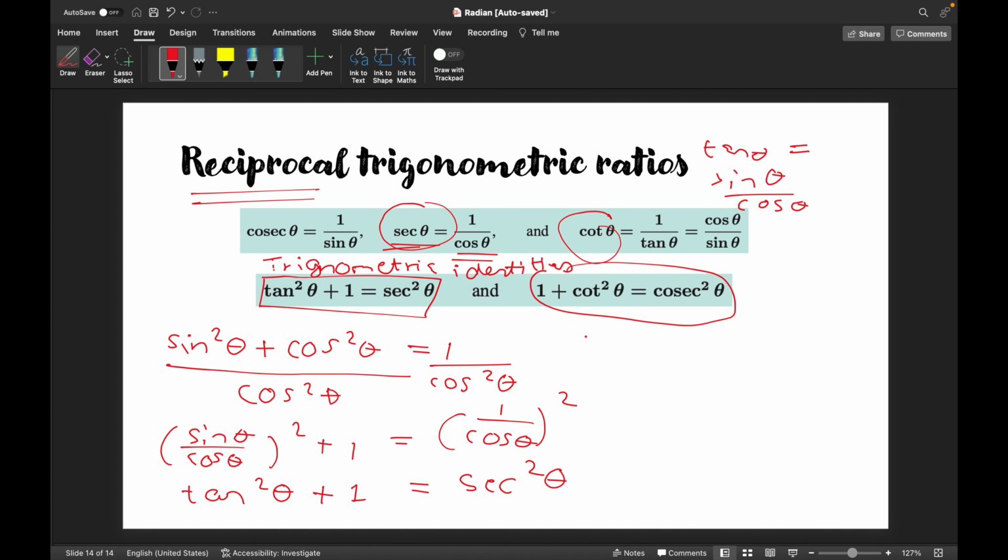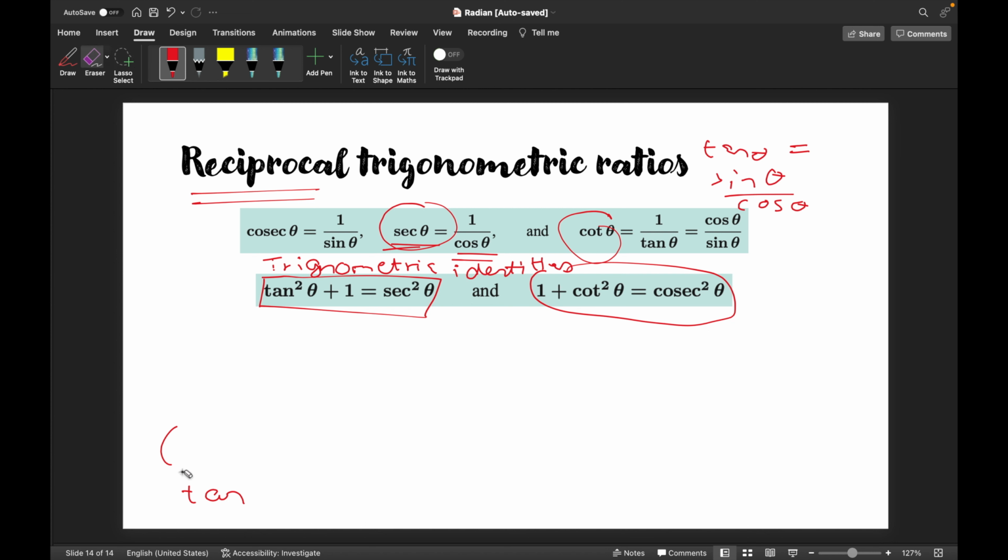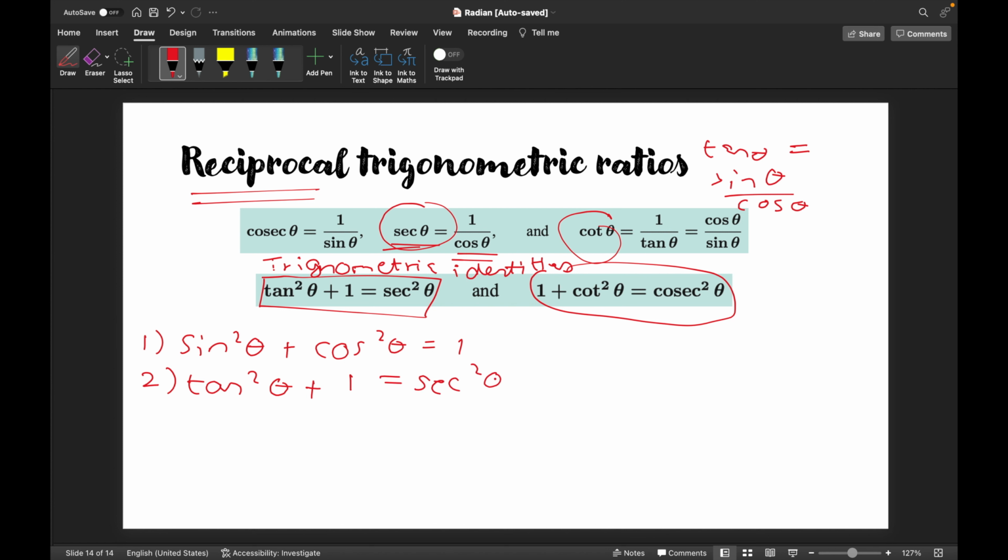So these three are really important to know. I write all of the three here. The first one is sine squared theta plus cos squared theta equals 1. 2, tan squared theta plus 1 equals secant squared theta. 3, 1 plus cot squared theta is cosecant squared theta.